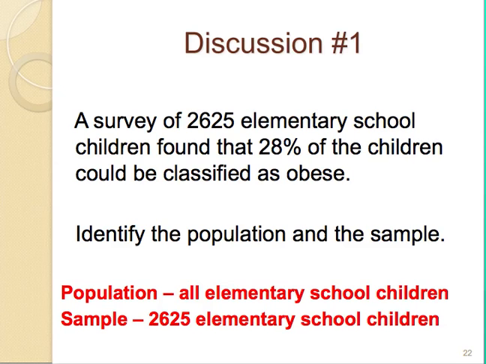You are interested in collecting data from all elementary school children. However, you have gathered data from 2,625 school children, so that's your sample. All right. The 28% is not your population nor your sample. It's just that from your sample, you have found that 28% of the children were classified as obese.